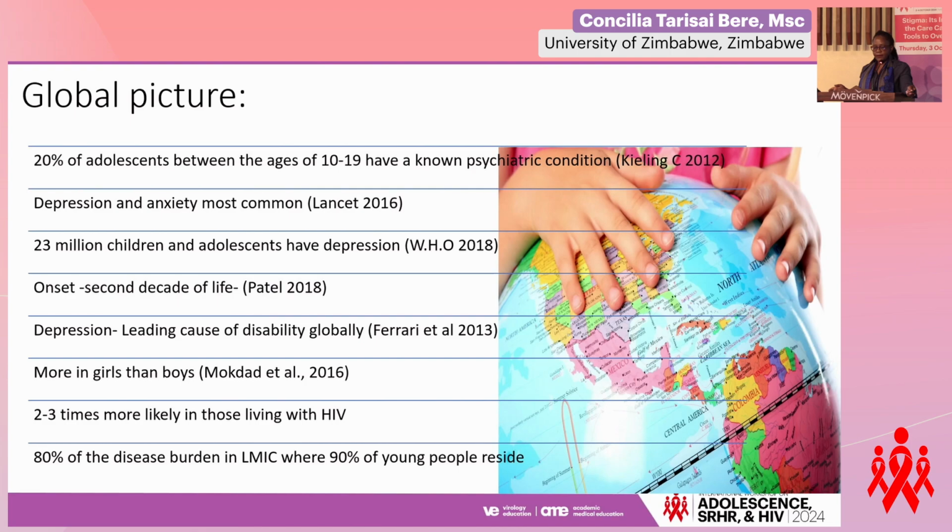And depression is one of the leading causes of disability globally. More girls than boys are affected by depression and anxiety, and depression and anxiety is 2 to 3 times more likely to happen in young people living with HIV than the general population. And we know that 80% of the disease burden of depression especially would be in our regions, where at least 90% of young people reside.